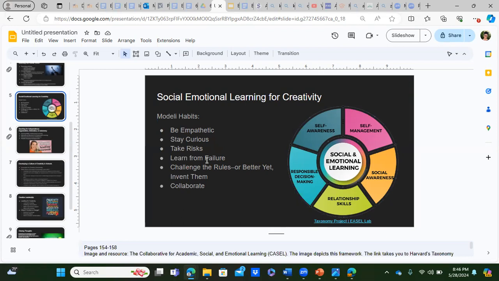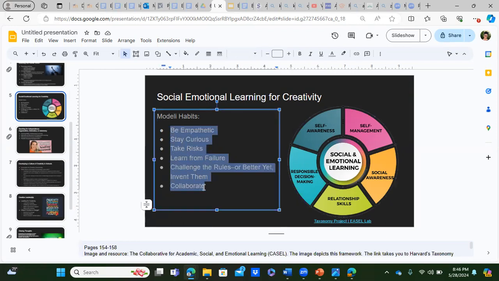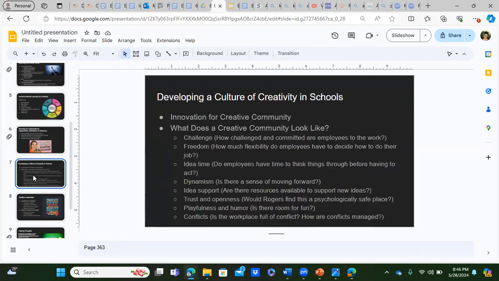So if we go up here, remember what these habits for social emotional learning are. These habits, the Modally habits, notice how many of them are parallel to these 10, what we call habits of creative organizational climate. So it's something that you want to keep in mind as a school leader. Once you are given a leadership role, you want to make sure that these things are in place for your team.